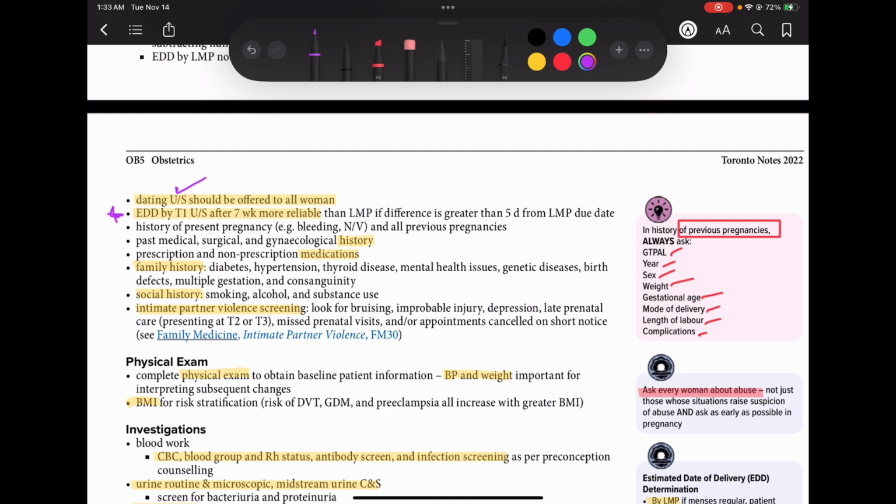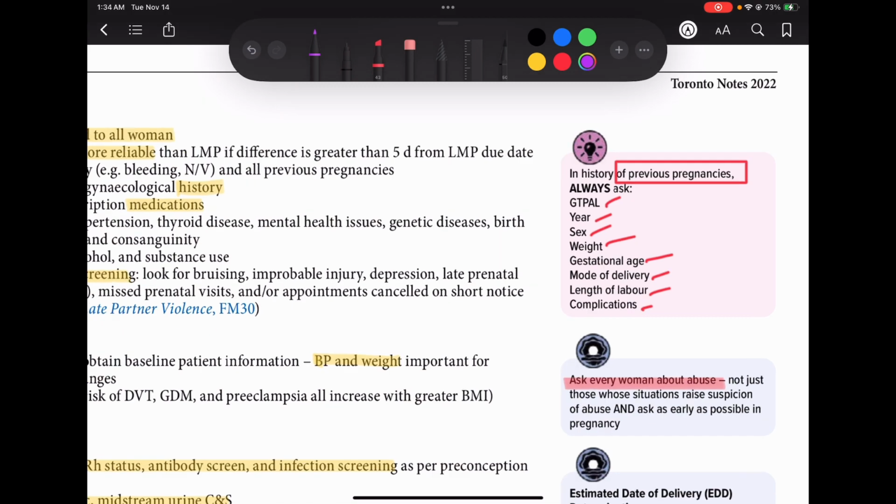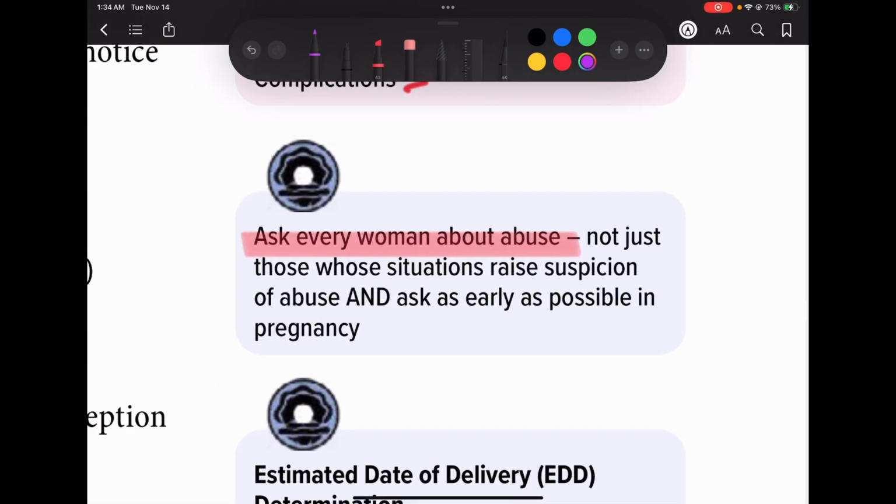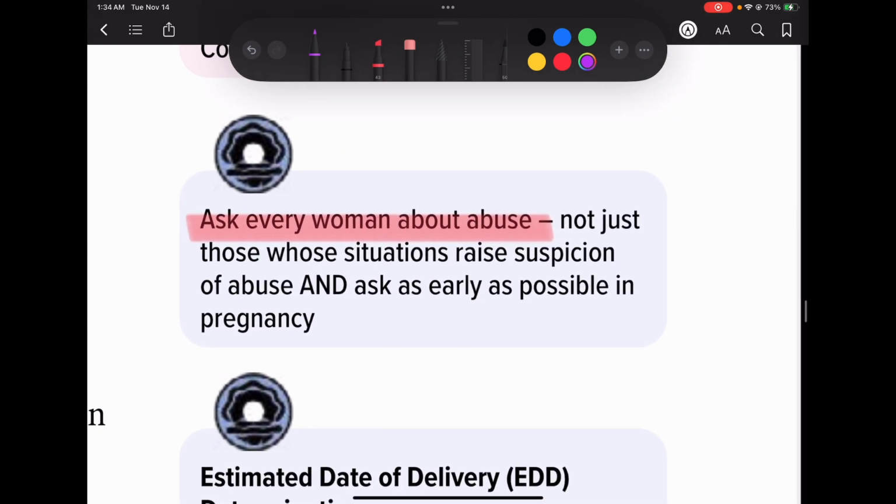We can ask them about the history of their pregnancy, any change, any complications, bleedings, and then the previous histories, past medical, surgical, gynecological history, medications, family history, social history, and we are also going to screen for intimate partner violence.